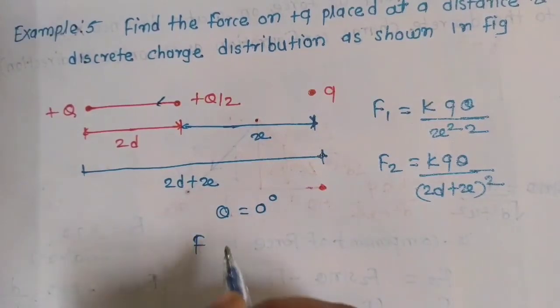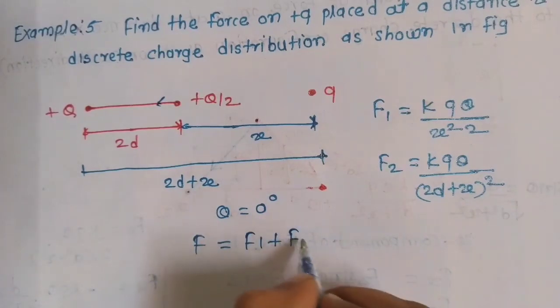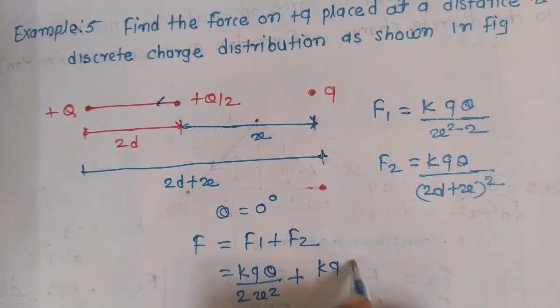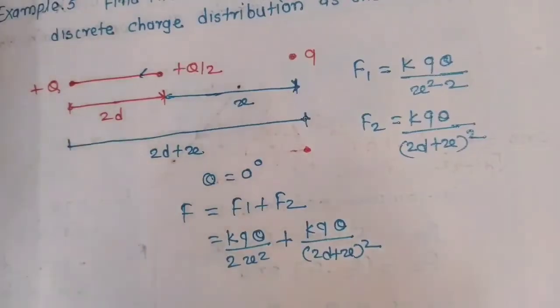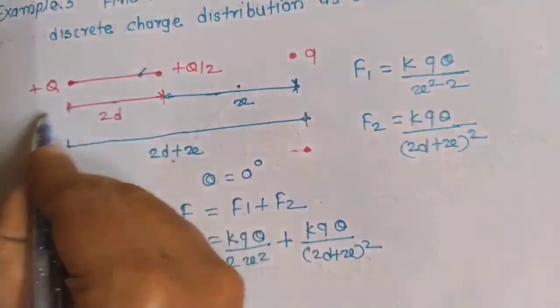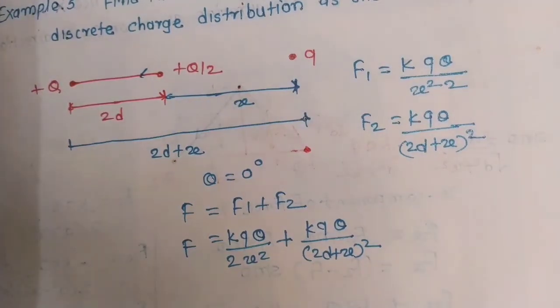And then the resultant force F is equal to F1 plus F2. Here F1 is equal to K Q Q upon twice x square plus F2 is K Q Q upon 2d plus x whole square. And this is only in the x direction, x axis, so only i component is here, not y component.